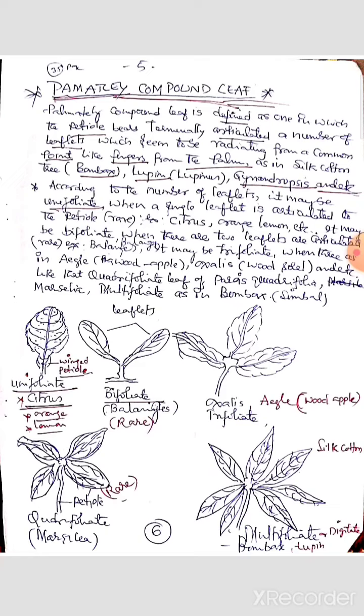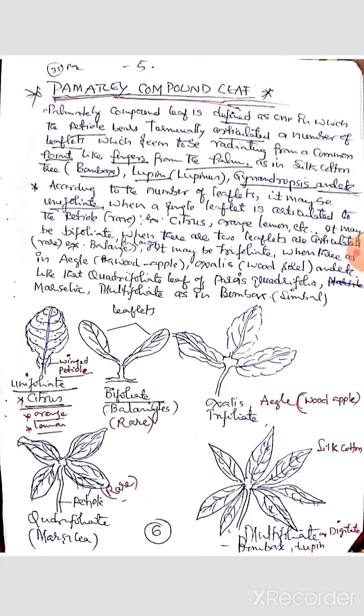You can see it may be trifoliate when there are three leaflets arising from the common point. You can see the picture, Oxalis trifoliate. Aegle, commonly called wood apple, where the leaf is a trifoliate leaf.